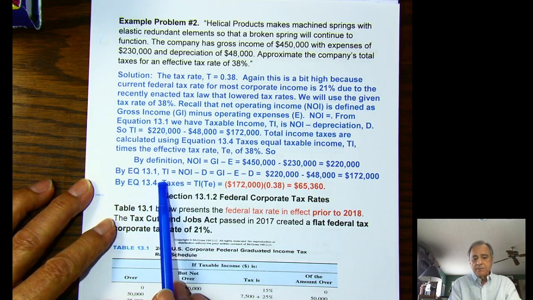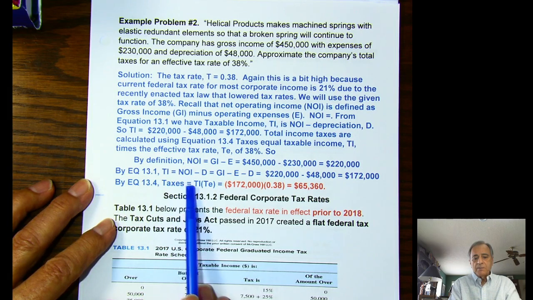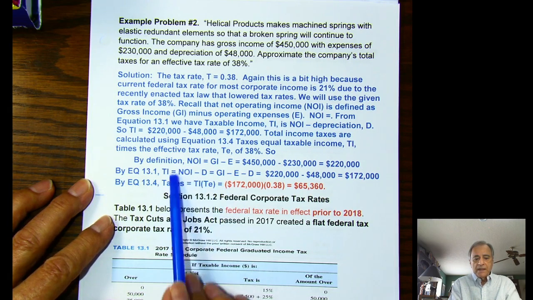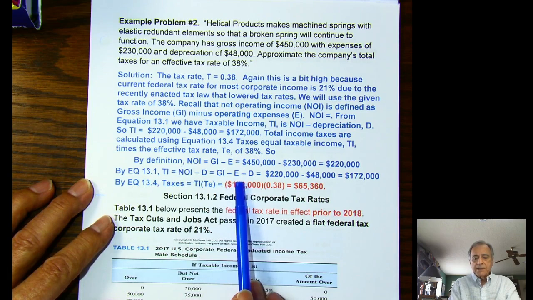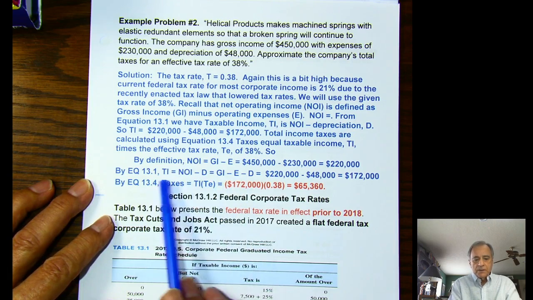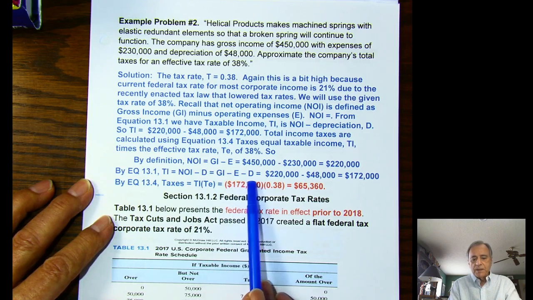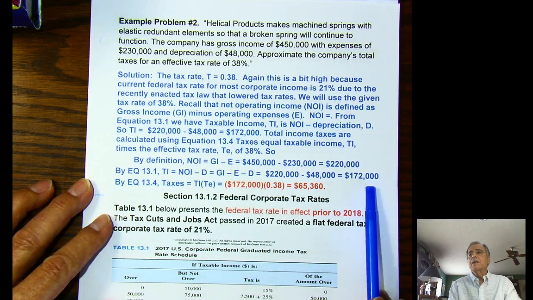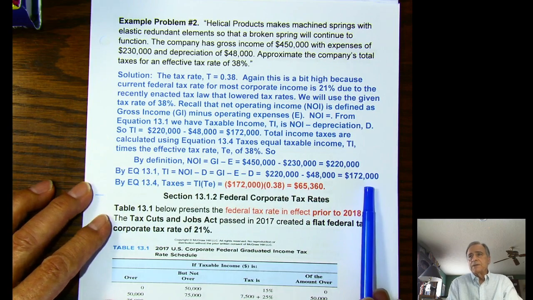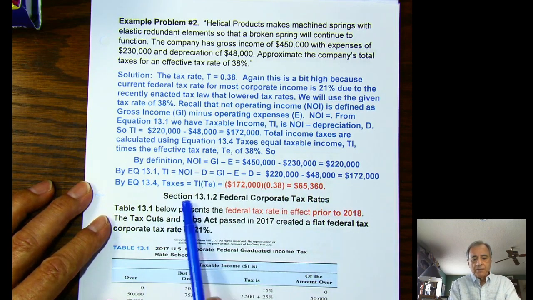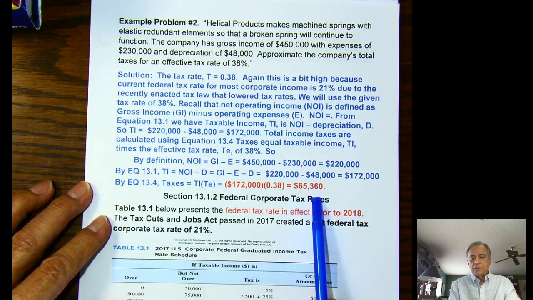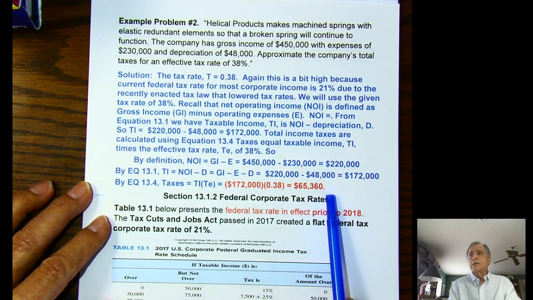So taxable income from equation 13.1 is net operating income minus depreciation, but net operating income is gross income minus expenses. So taxable income is gross income minus expenses minus depreciation, which comes out to be $172,000. Then we simply multiply that times the tax rate of 38% to get $65,360 in taxes that would be due.